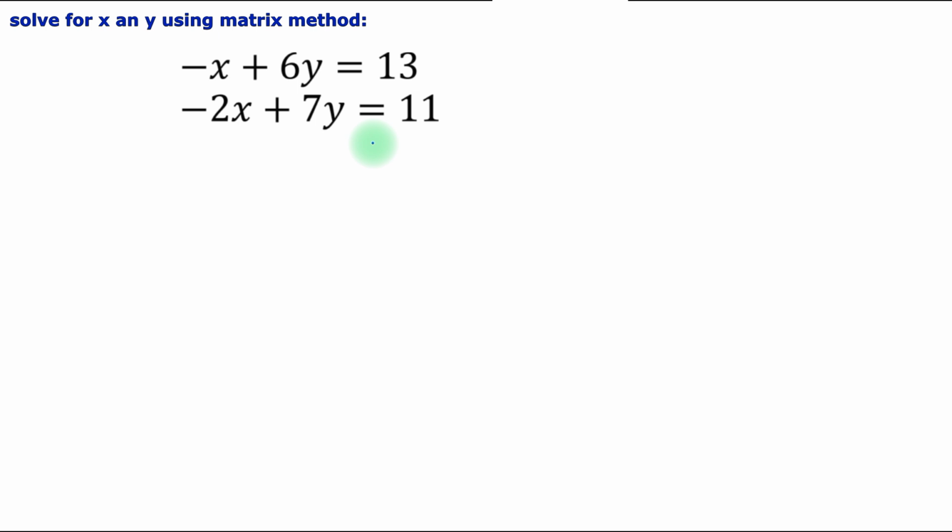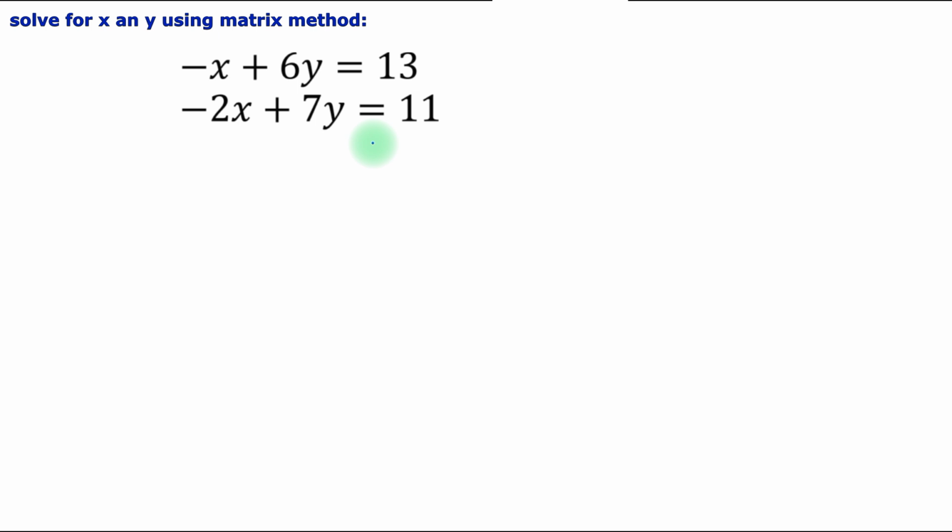After that, we determine the coefficient matrix, we find the inverse, and we pre-multiply the matrix equation by the inverse on both sides. And then we proceed. Those are the prerequisite knowledge you require, and also how to multiply a matrix.